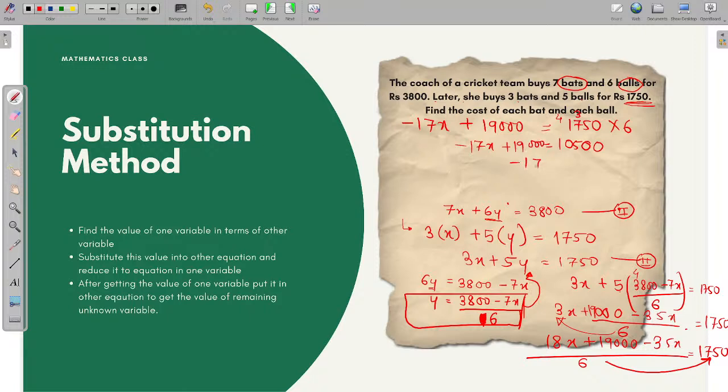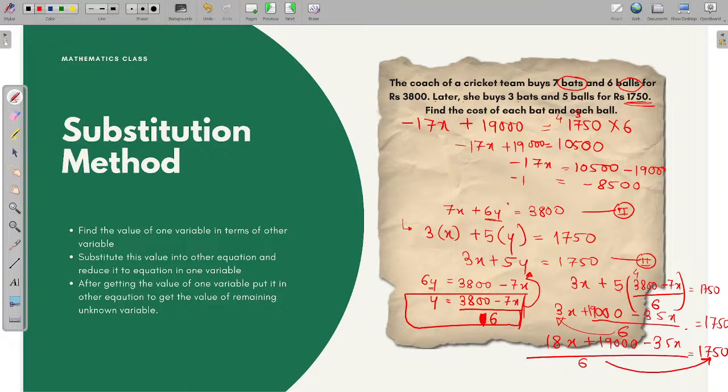Okay, so minus 17x is equal to 10,500 minus 19,000, and how much do we get? The subtraction gives 8,500.